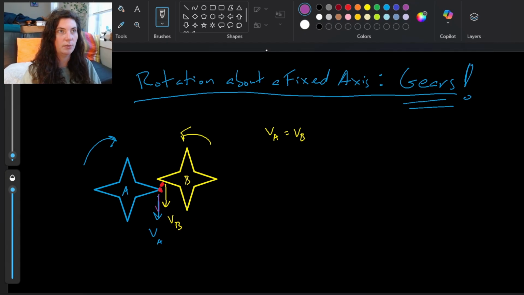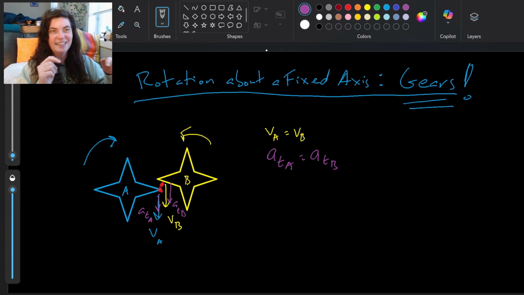So the tangential acceleration of A is going to be the same as the tangential acceleration of B. What's different between them is that the normal acceleration is not the same. That's typically because gears have teeth that intersect, and we have typically different sizes of gears. They have a different radius.